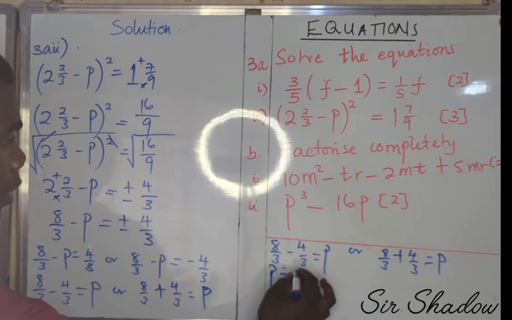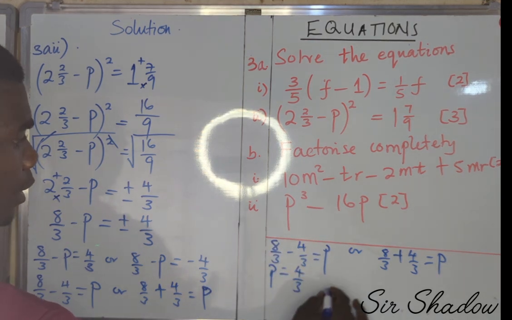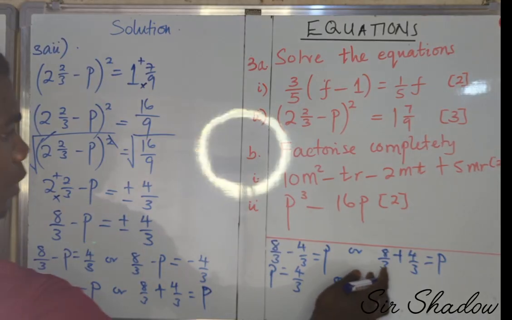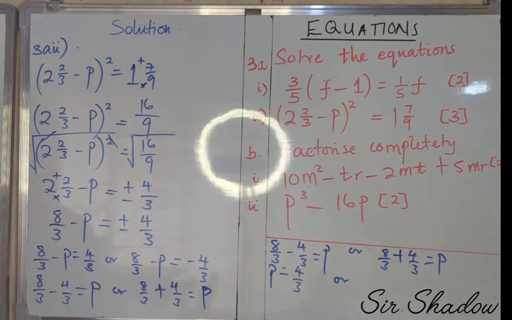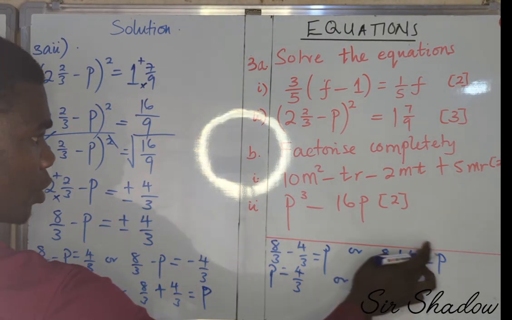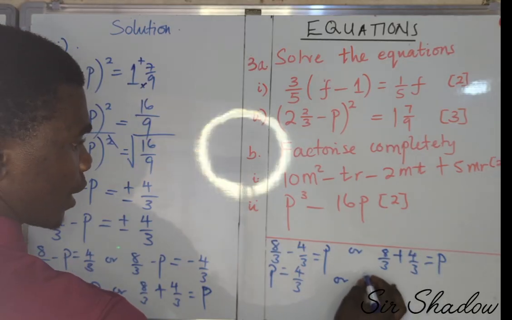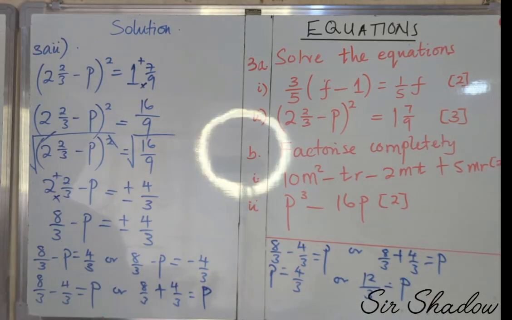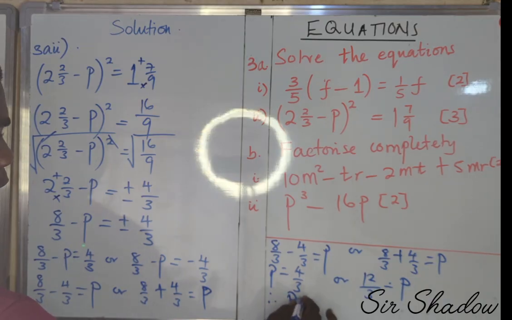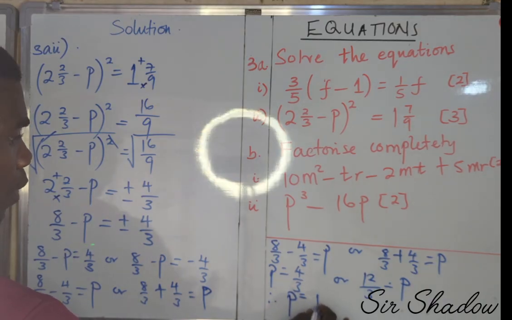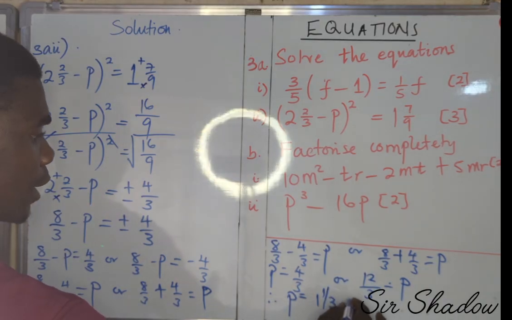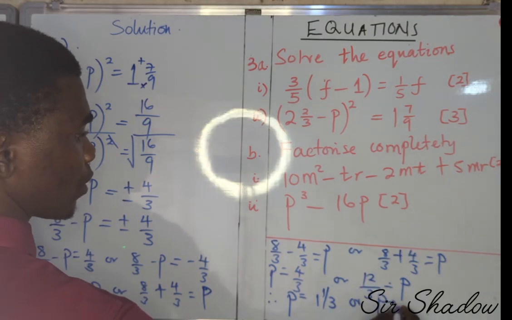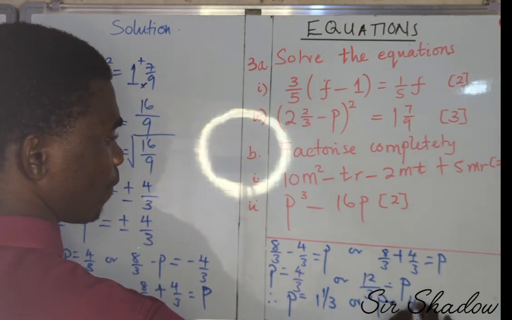So p equals 4 over 3. Or for this one, the denominators are the same, so we can add the numerators. 8 plus 4, we get 12. So we get 12 over 3 equals p. Therefore, p equals 4 over 3, or p equals 3 into 12, you get 4.